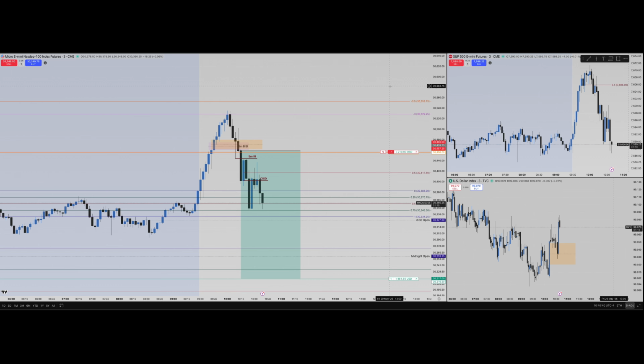Trailing my stop just a little bit in profit above that bearish order block. Price is getting below the opening range gap there. And I wanted to see where this candle would close. So it closed just above the lower quadrant, but it has no problem displacing through on the very next candle.